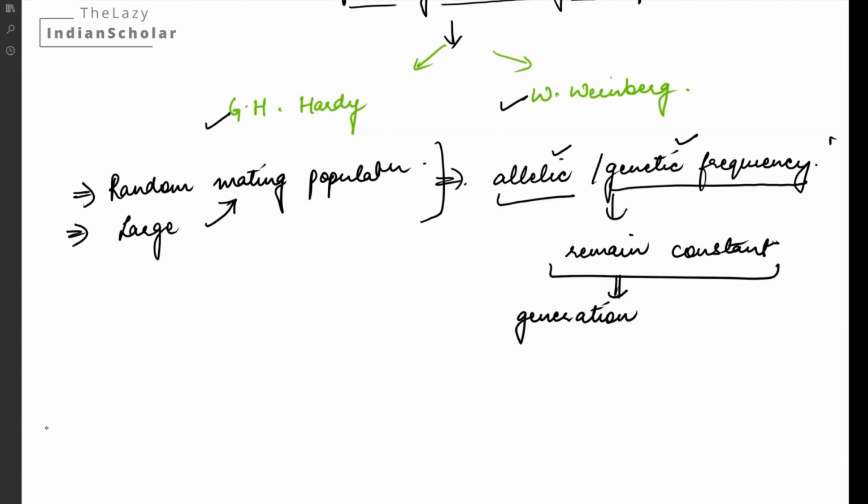That is, generation after generation, this allelic or genetic frequency should remain constant.